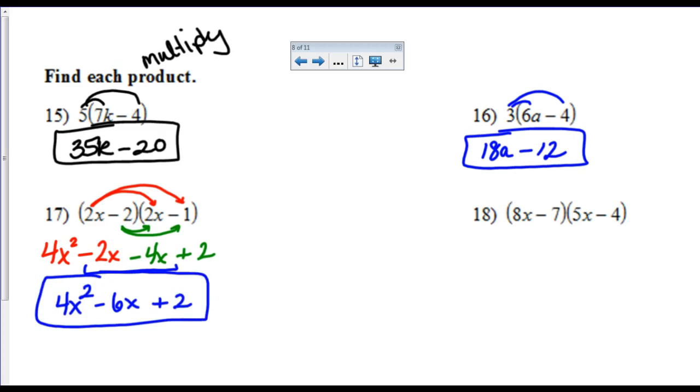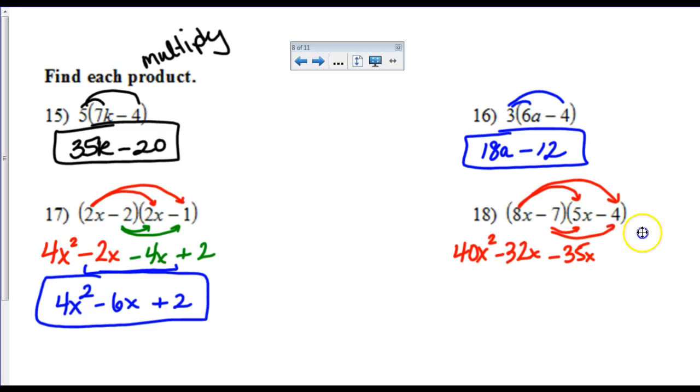All right, something similar happening here on the next step. 8x is going to be distributed to both numbers in the second binomial. So 8x times 5x is a 40x squared. And then 8x times negative 4 is a negative 32x. Negative 7x, negative 7 times 5x is negative 35x.